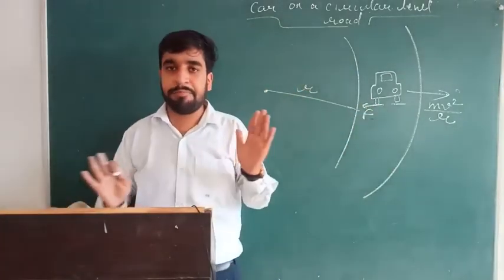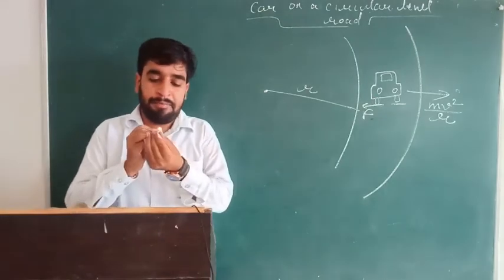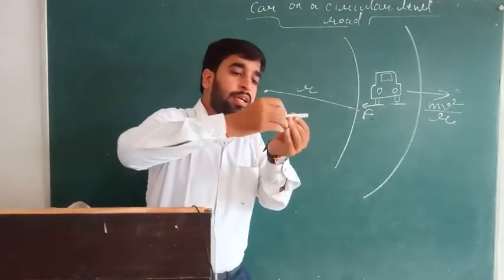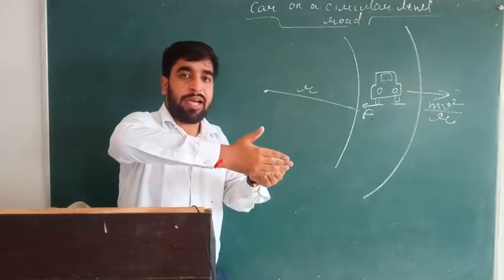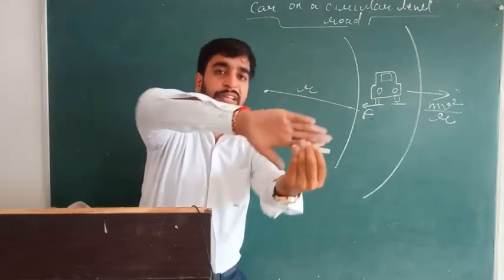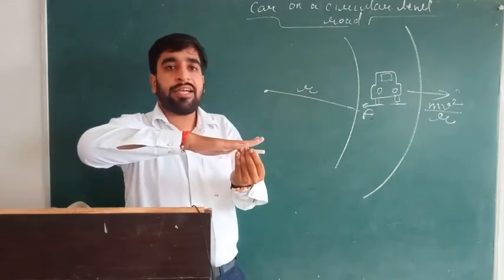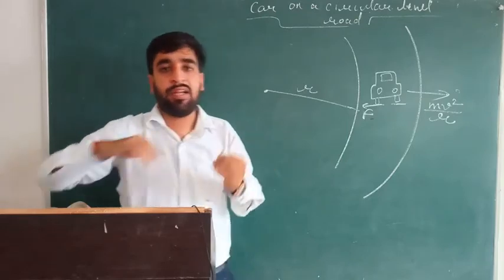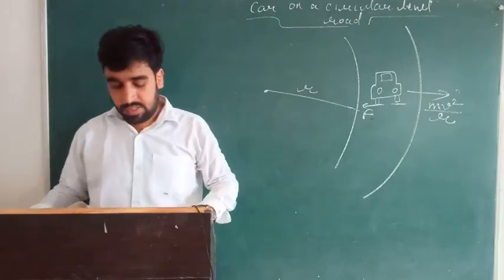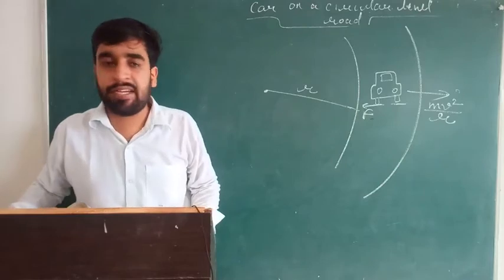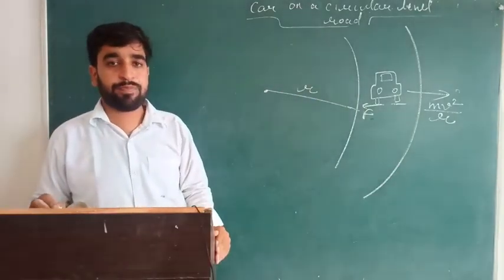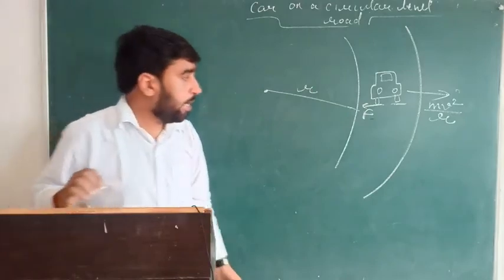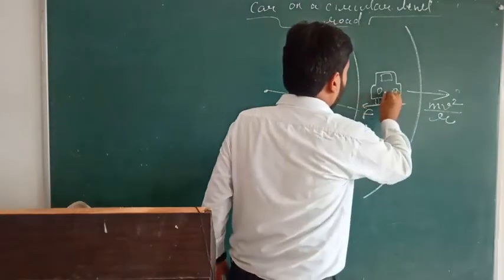Now that's a very simple case you can imagine. I am just turning this car, tires are skidding out, and friction is acting. Understanding this, let us show all the forces which are acting on the car.